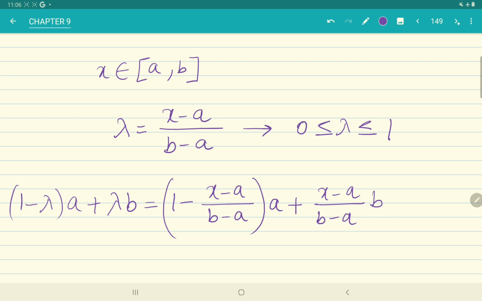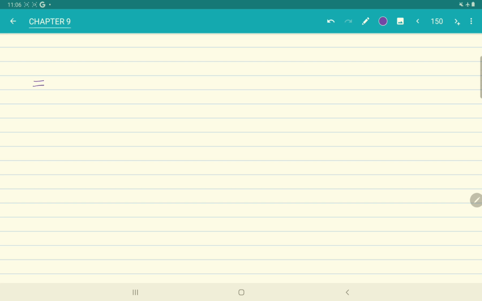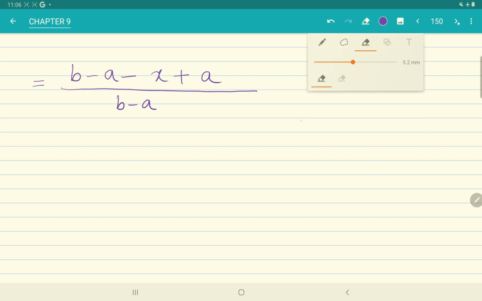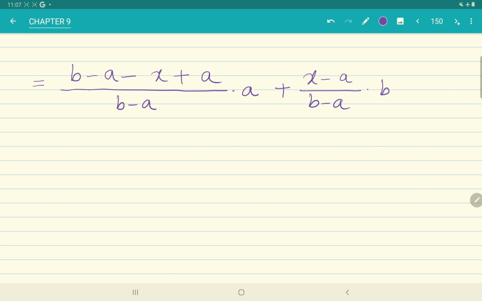So that actually gives me b minus a and then a times b minus a minus x plus a, multiplied by a plus x minus a divided by b minus a multiplied by b.